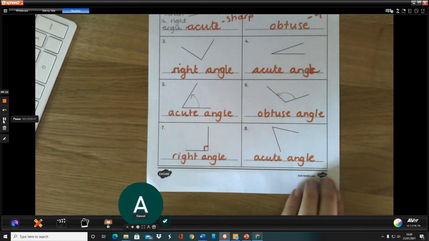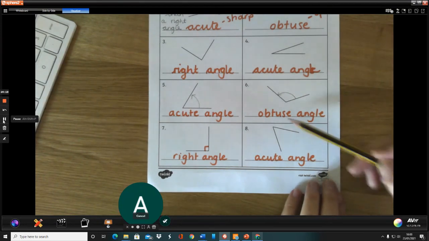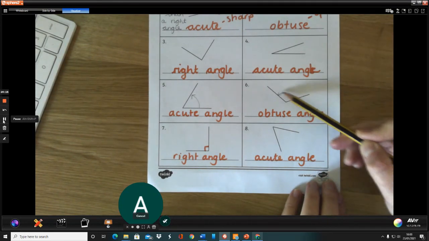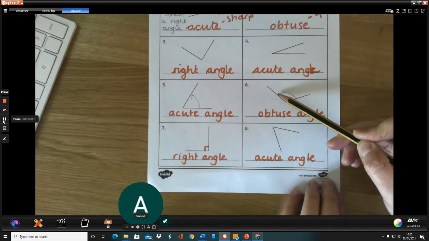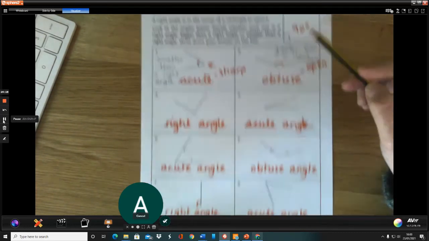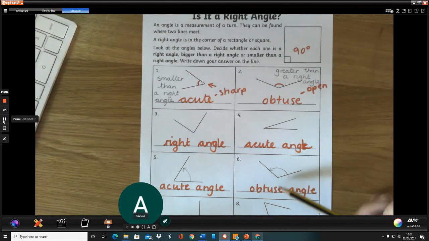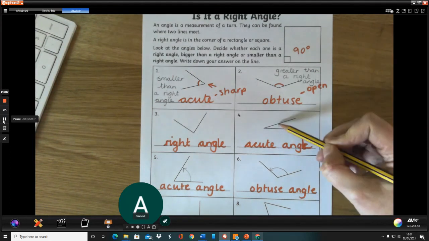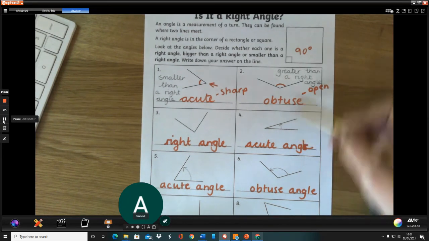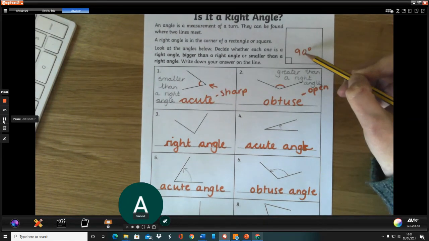Make sure that you understand an obtuse angle is larger or greater than 90 degrees. We also need to know that an acute angle, like this one, is smaller than or less than 90 degrees.